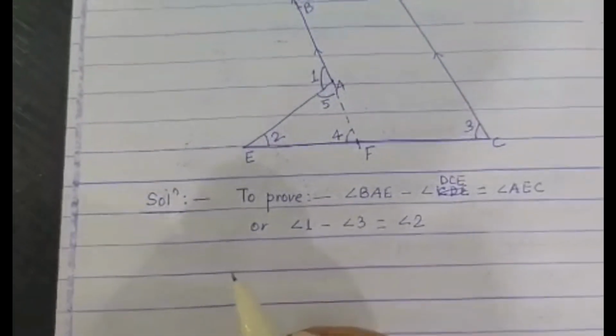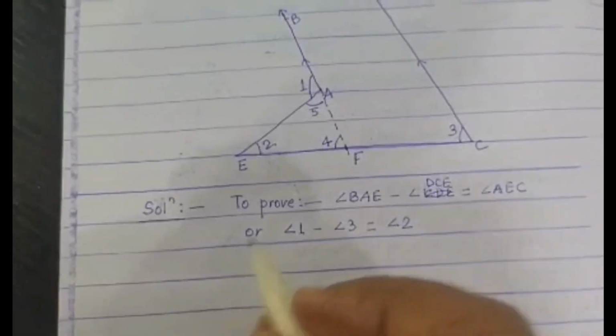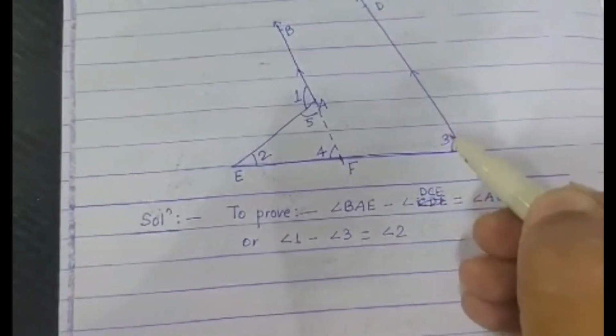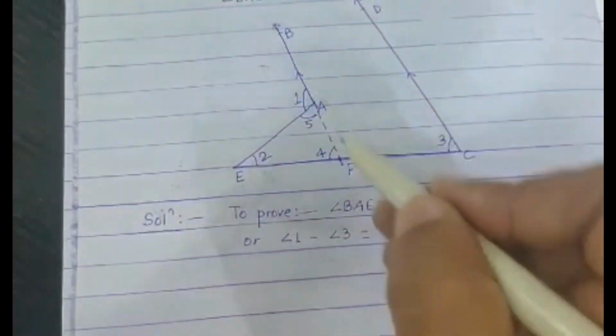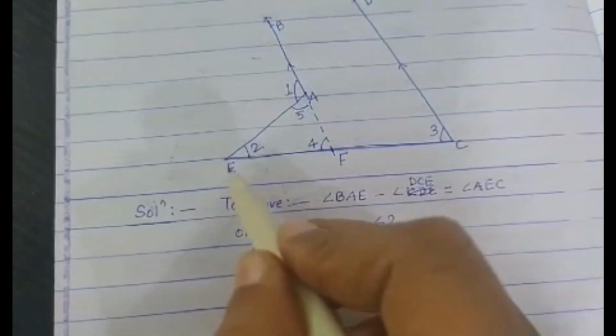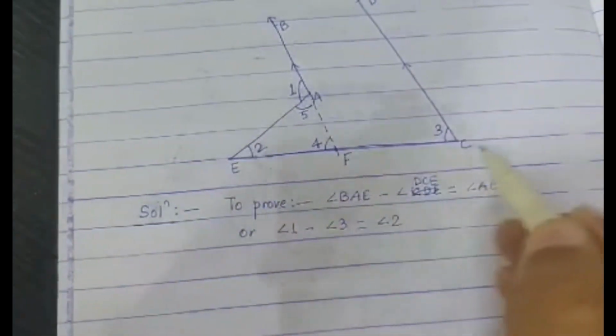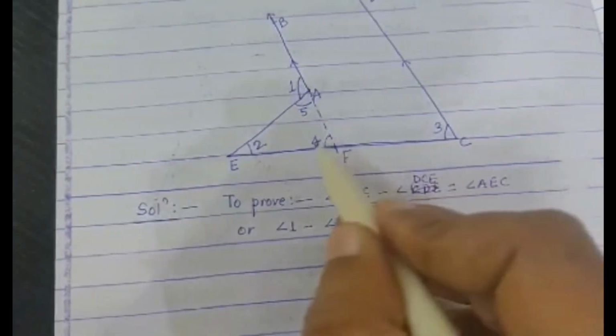Okay, let's do it. First of all, we can write this angle 3 is equal to angle 4. Since AB and CD are parallel lines and EC is a transversal, these are the corresponding angles, angle 3 and angle 4.